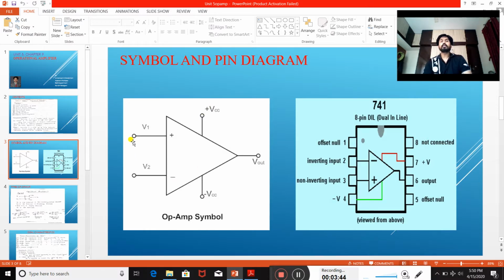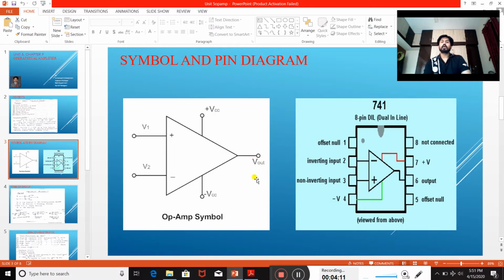The terminal connected to the positive end is called the non-inverting terminal and it is denoted with V1, and the negative terminal is called the inverting terminal and it is denoted with V2. The positive VCC and negative VCC are the supply for this operational amplifier.